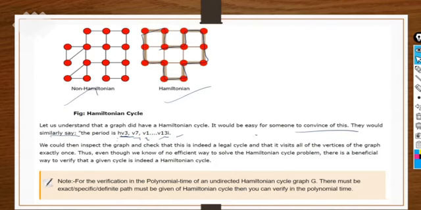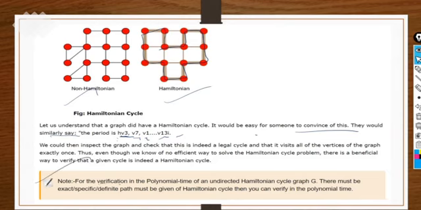We could then inspect the graph and check that this is indeed a legal cycle and that it visits all the vertices of the graph exactly once. Even though we know no efficient way to solve the Hamiltonian cycle problem, there is an efficient way to verify that a given cycle is a Hamiltonian cycle, right?